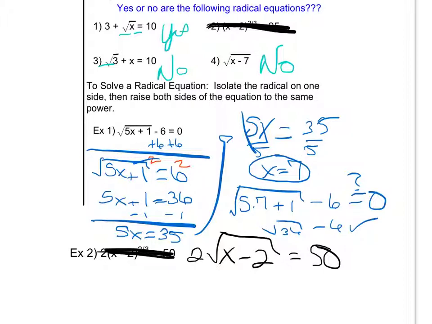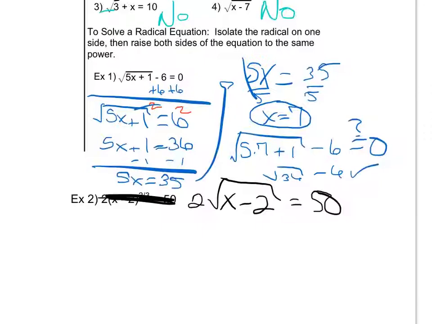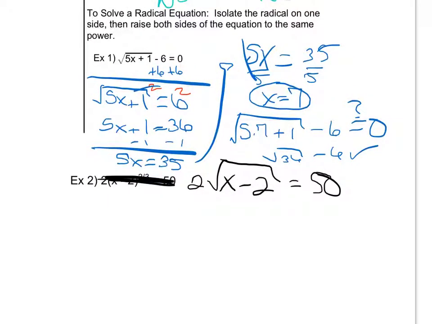The way to square a binomial is write it twice and FOIL, or distribute if you don't like to use the acronym FOIL. Writing this twice and foiling it sounds like a nightmare. So instead, be sure you follow these steps. Isolate the radical on one side, then raise both sides to the same power.